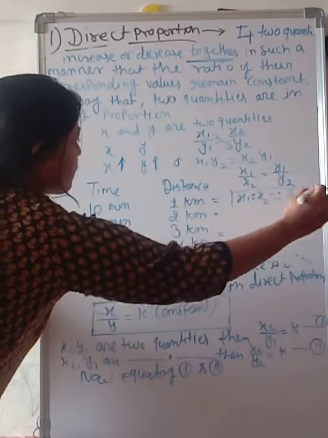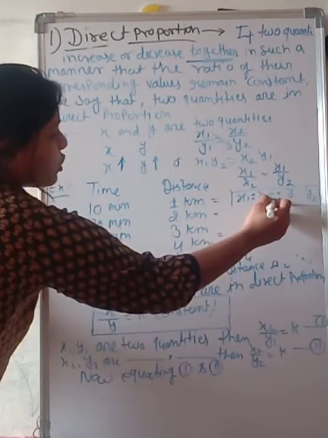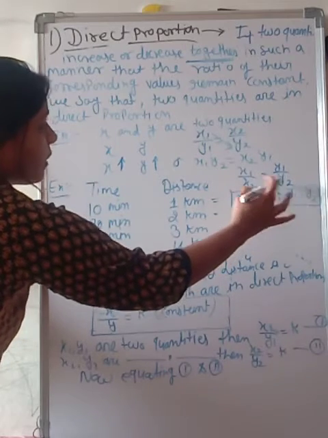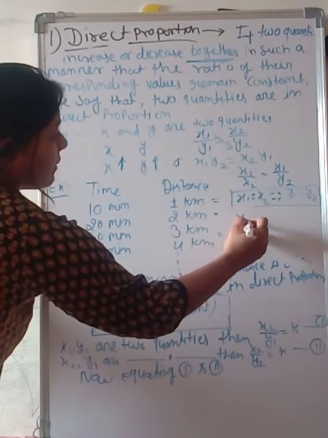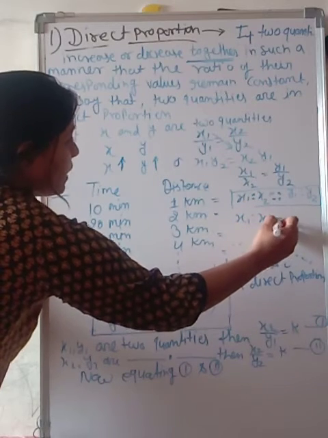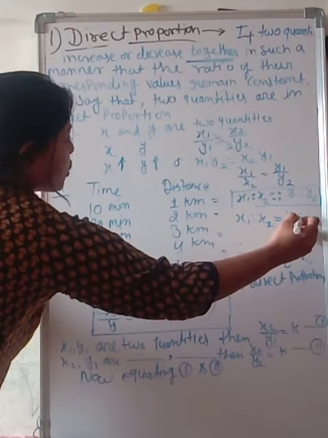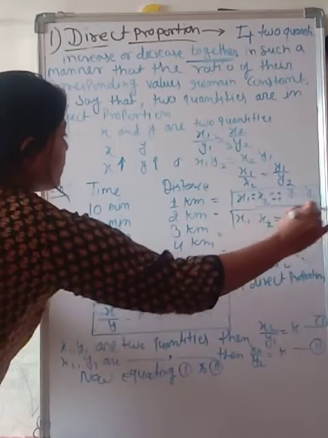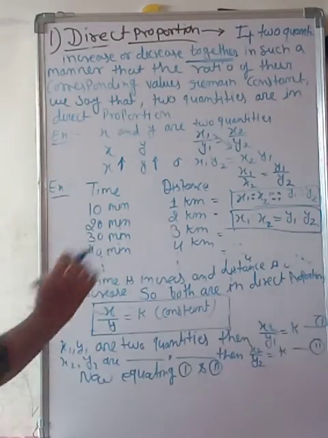You can write it in this form. This sign is proportion; the 4 dots is called a proportion. And you can write x1 ratio x2 is equal to y1 ratio y2. So this is called a direct proportion.